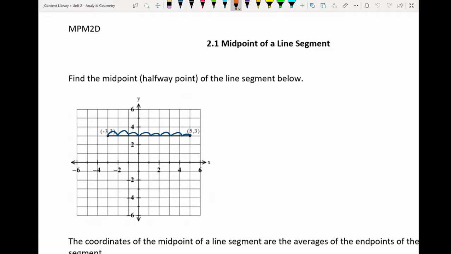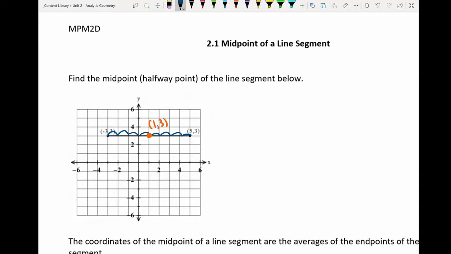And then I can see that it's 8 spaces. So the midway point should be 4 spaces in, or here. And then if I go through, I can actually come up with that point. It's (1, 3).